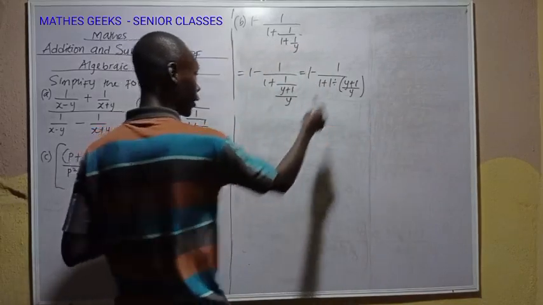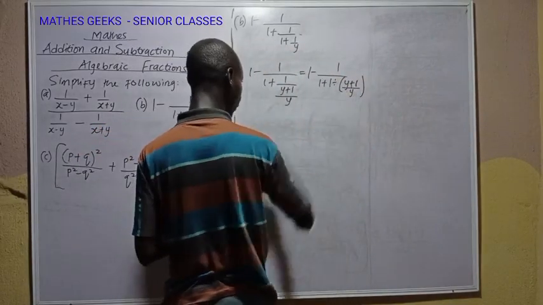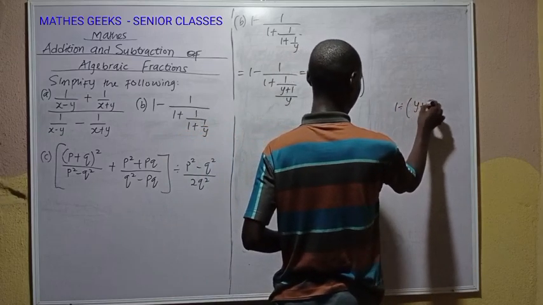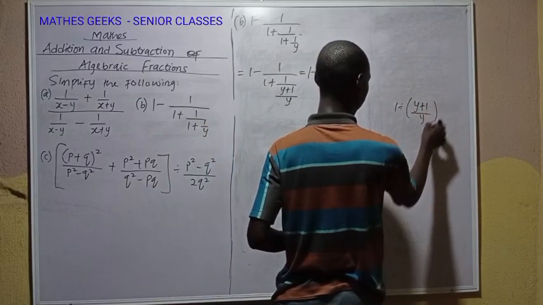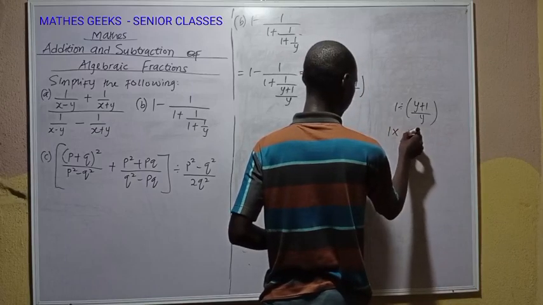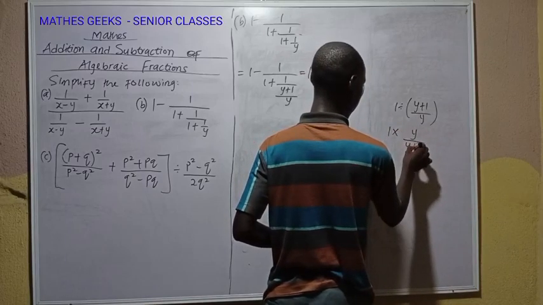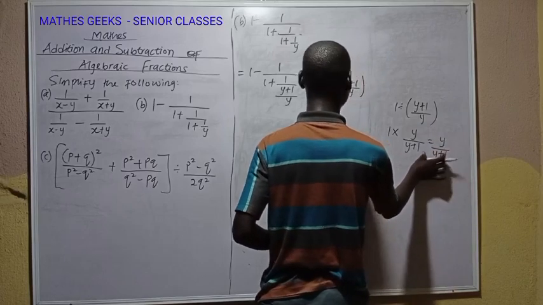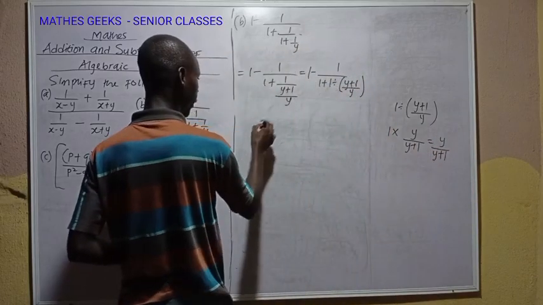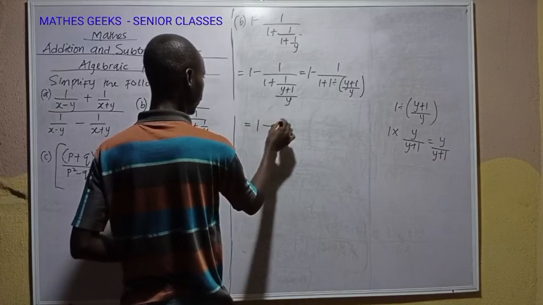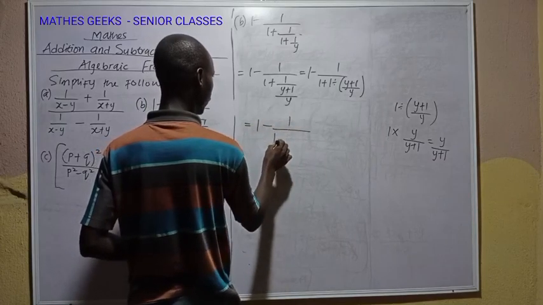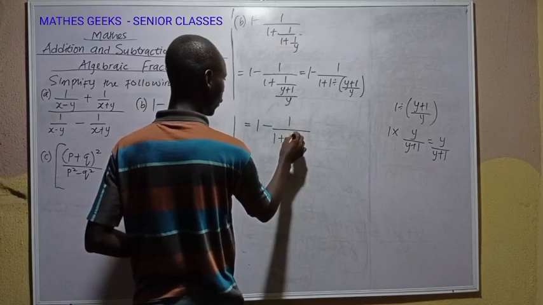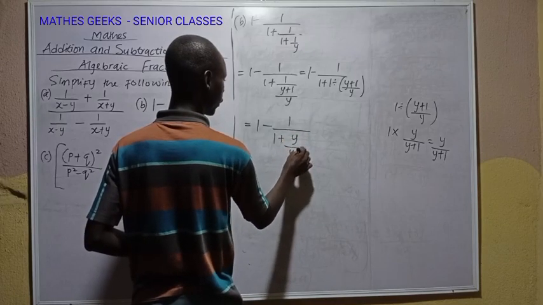So let's simplify this part. y divided by y plus 1 over y is equal to y times y over y plus 1, which is equal to y over y plus 1. We put this in place of this here. So our equation is 1 minus 1 over 1 plus y over y plus 1.